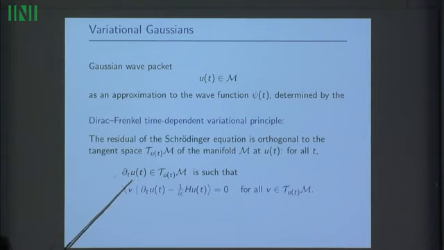So we determine the time derivative as that element in the tangent space which is orthogonal to the residual of the Schrödinger equation. And this should hold for all elements in this tangent space. Well, numerical analysis recognizes immediately this is just a Galerkin method. But it's not quite the usual Galerkin method, because the approximation space depends on the solution itself. So it's a type of nonlinear Galerkin method.